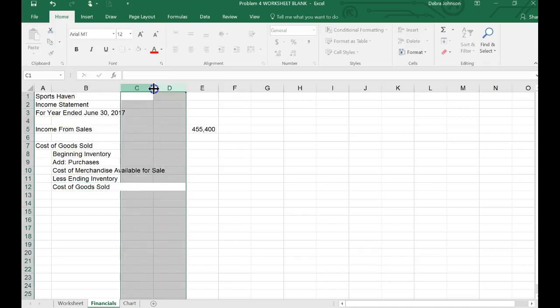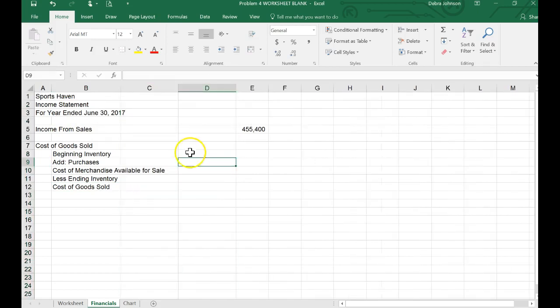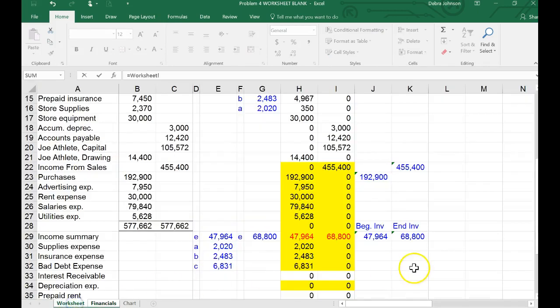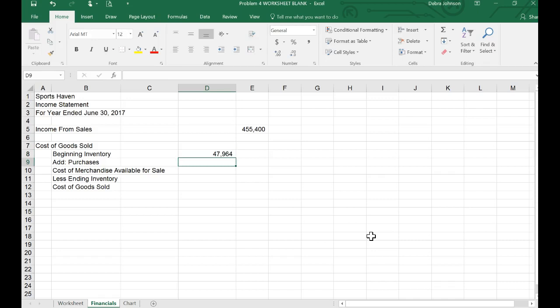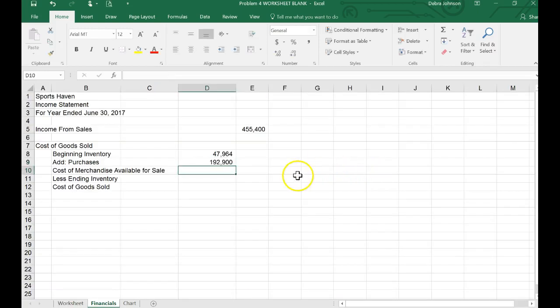And I'm ready to cell reference. Again, 100% of those numbers should come from your worksheet. So once again, I'm going to go grab my beginning and ending inventory, which is sitting in the income summary. So here's my beginning inventory. Here's my purchases. Everything's going to be pulled from the worksheet. That's going to give me my cost of goods available for sale.